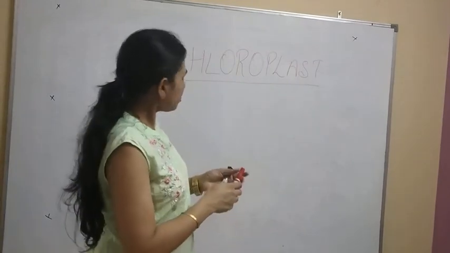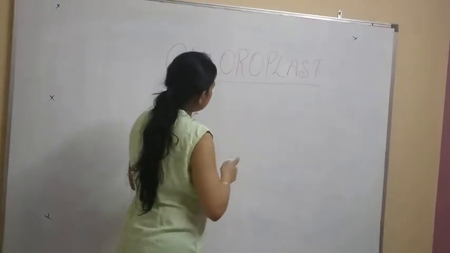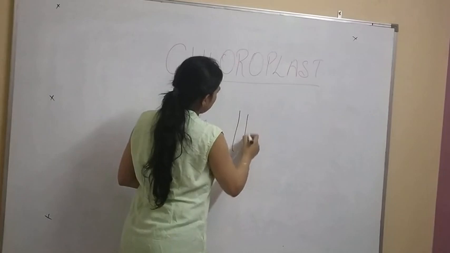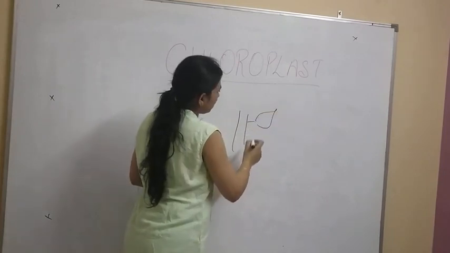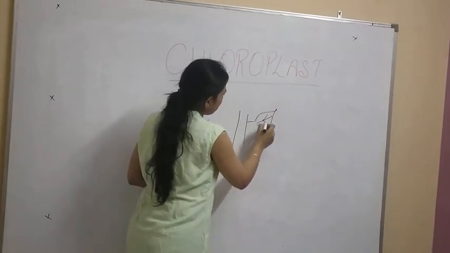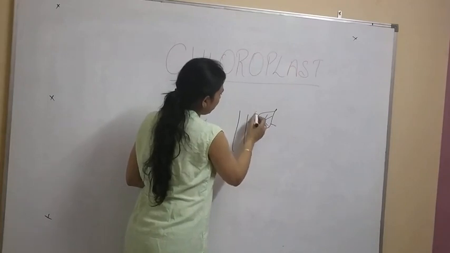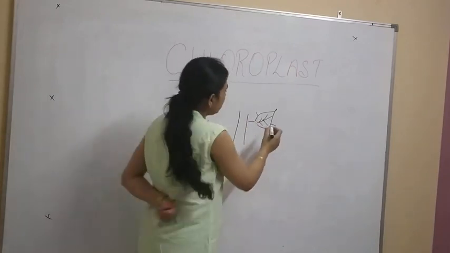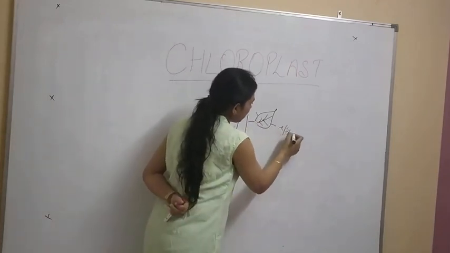Now suppose this is the tree and these are the leaves. In leaves there are upper and lower surfaces which we call epidermis.